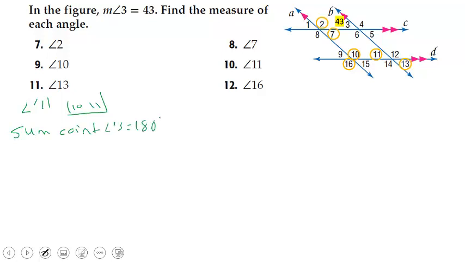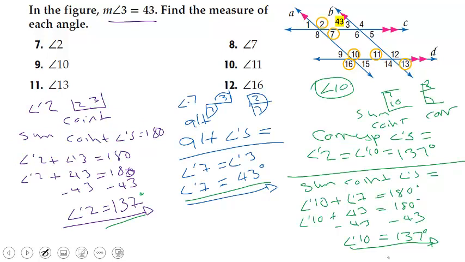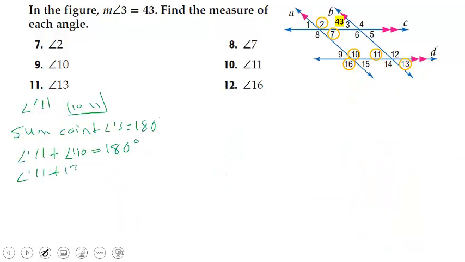And I'm going to say angle 11 plus angle 10 are equal to 180 degrees. Angle 11 plus, what did we say angle 10 was? Angle 10 is 137, equals 180 degrees. So minus 137, minus 137, angle 11 is equal to 43 degrees.